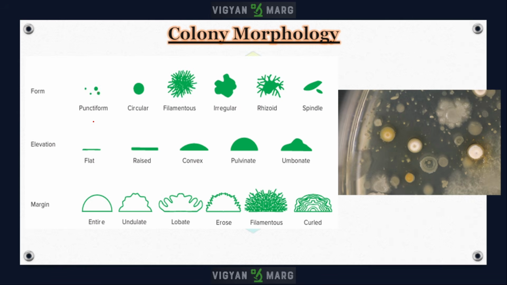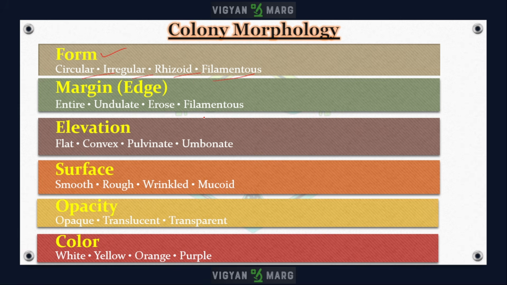You can see in this picture: circular, filamentous, irregular, rhizoid, spindle form. You can identify the microorganisms by visualizing the formation of the organisms.